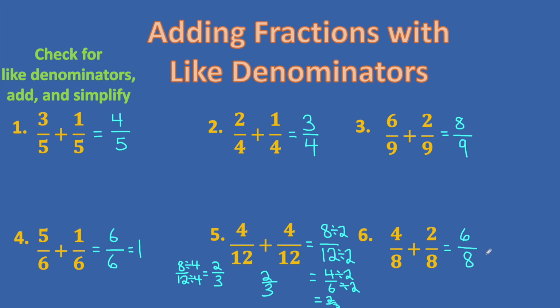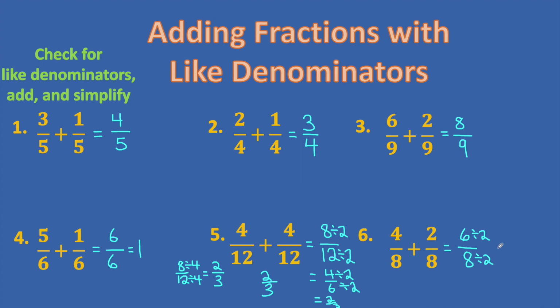And we want to check if we can simplify, which we can. So we want to think which number can go into both 6 and 8. Well, it looks like we can use 2 again. So divide the top by 2 and the bottom by 2.